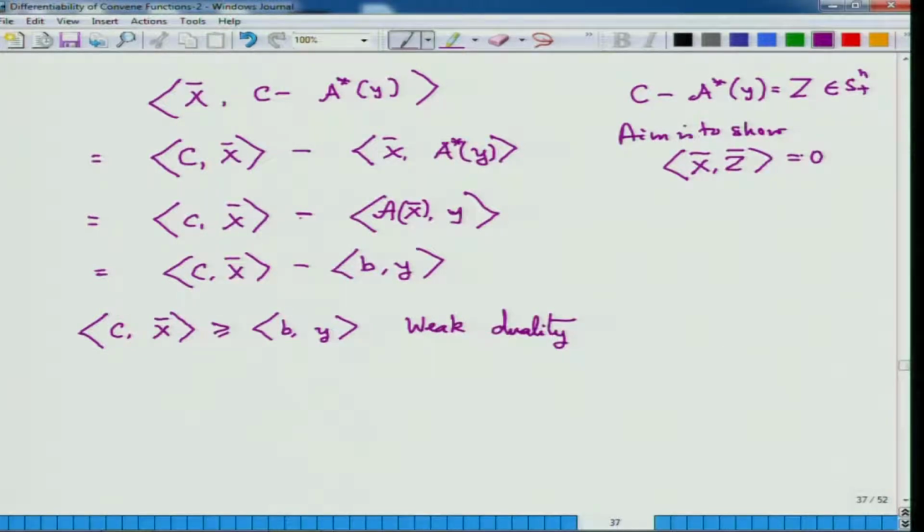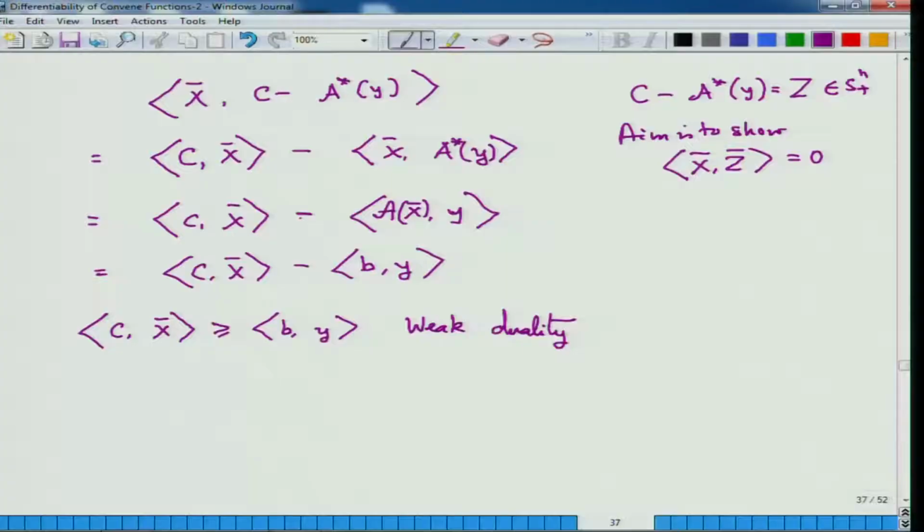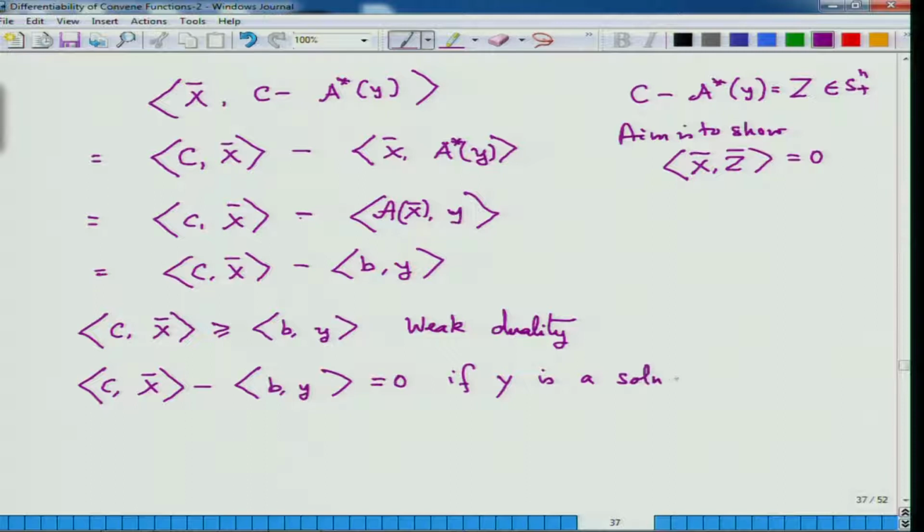Now, we know that strong duality holds, that is, C x bar is the solution. So, this is greater than or equal to 0. So, C x bar minus B y would be equal to 0 if y is a solution of the dual.